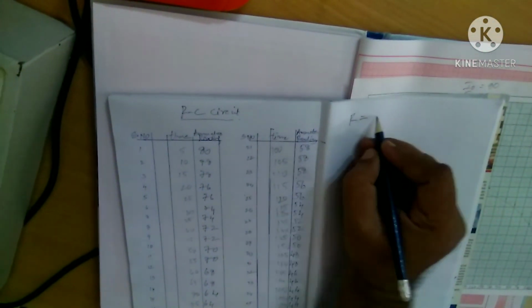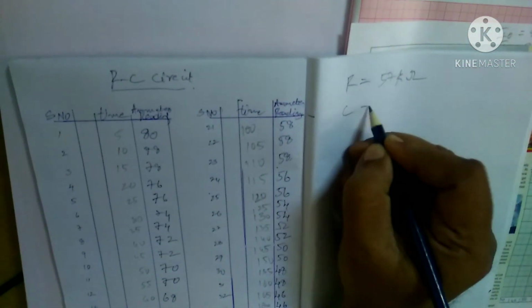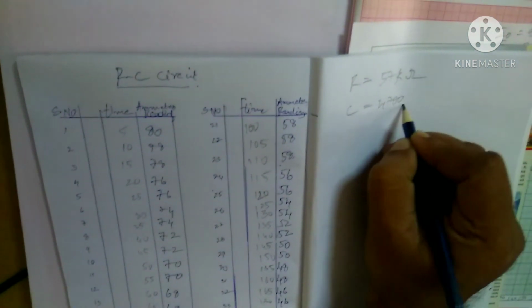So now let us take these values and do the calculation part. R value is given as 57 kilo ohms and C value is given as 4700 microfarads.